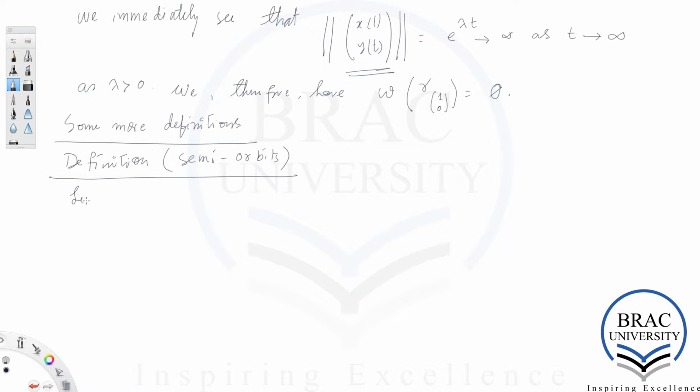Let theta from R cross U to U denote a dynamical system on an open set U of R to the n.